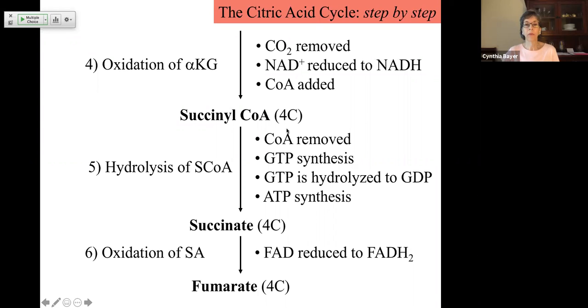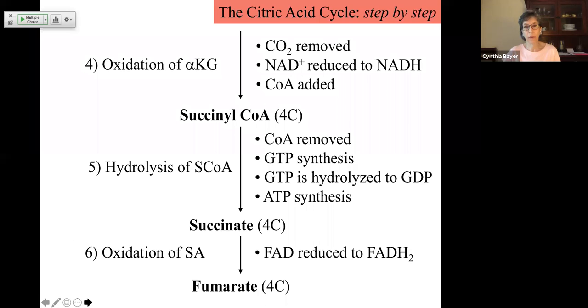We have a 4-carbon succinyl-CoA, which will be converted to succinate by a hydrolysis reaction. The hydrolysis reaction removes or cleaves the coenzyme A. That drives the synthesis of GTP. And in most cells, the GTP will be hydrolyzed, which will drive the synthesis of ATP. So this is our ATP synthesis step in the citric acid cycle.